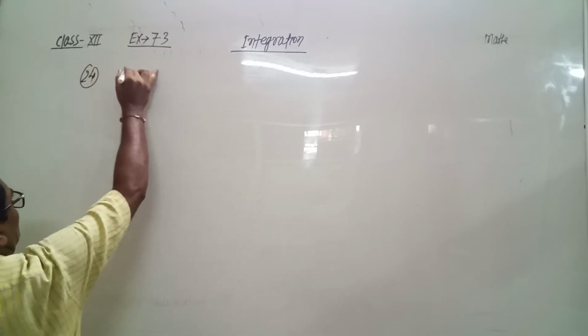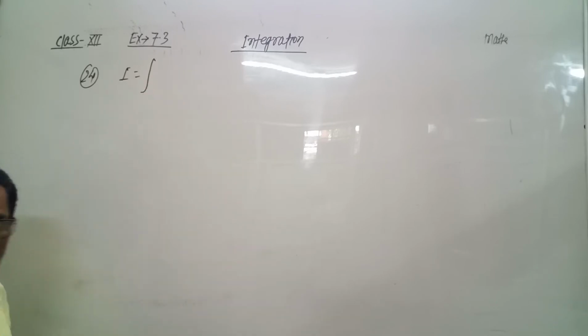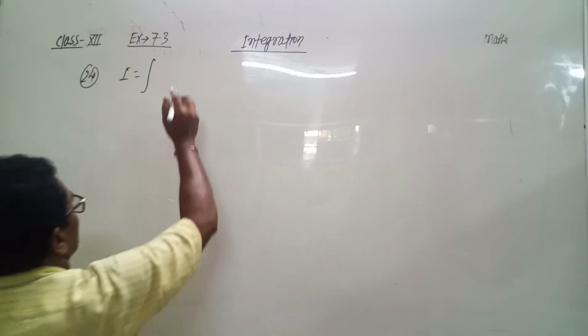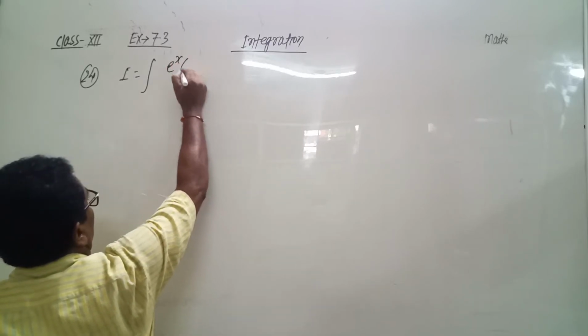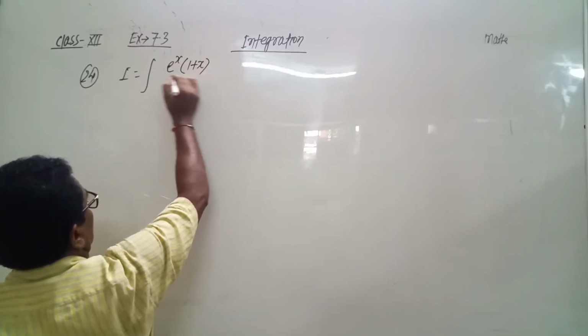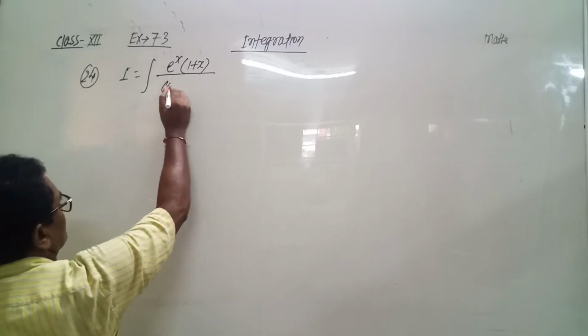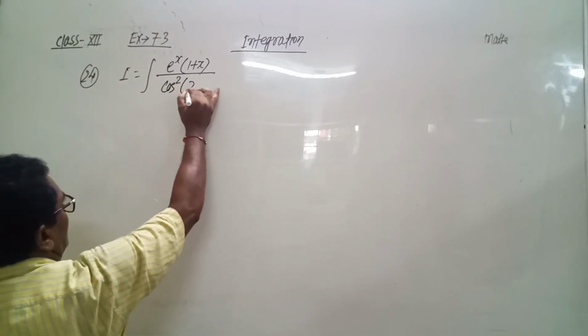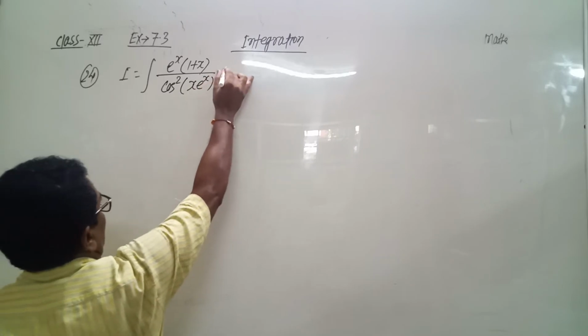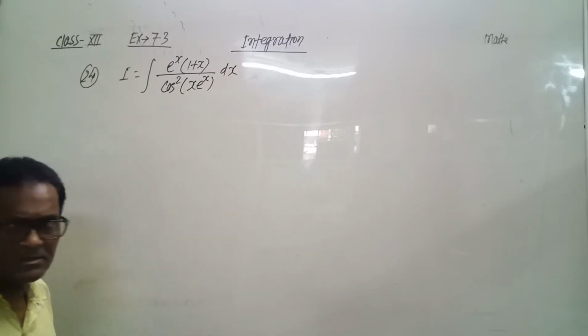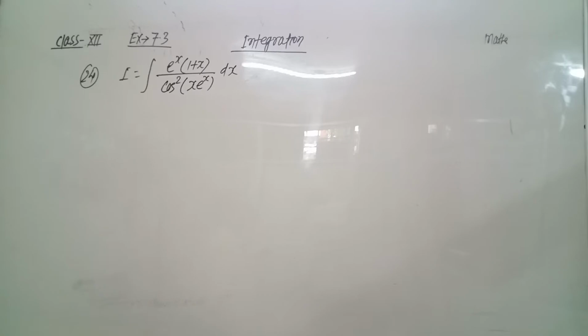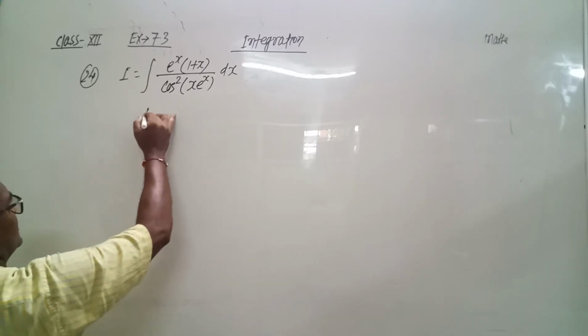I equals integration of e raised to the power x (1 plus x) upon cos square x into e raised to the power x, dx. So in this question we put the term containing the bracket as t.